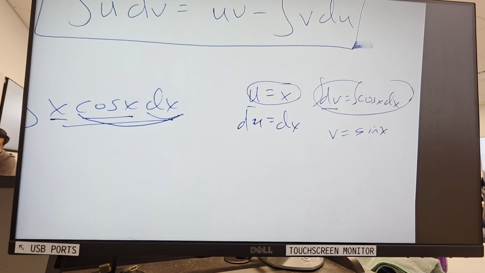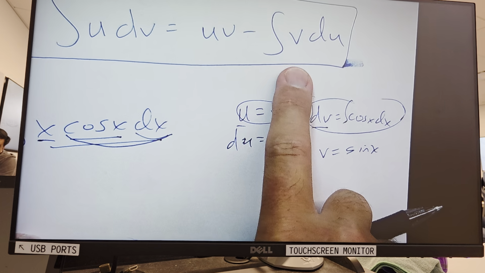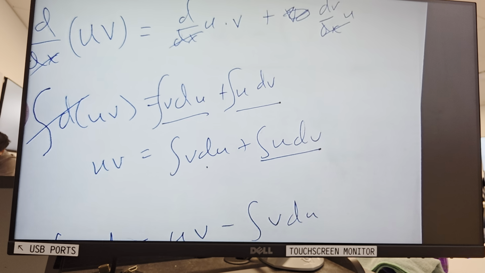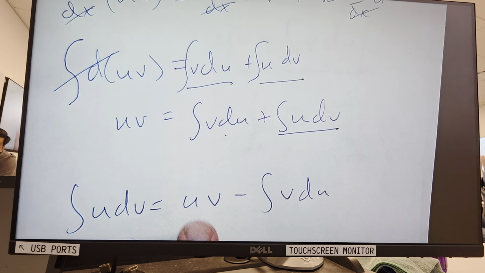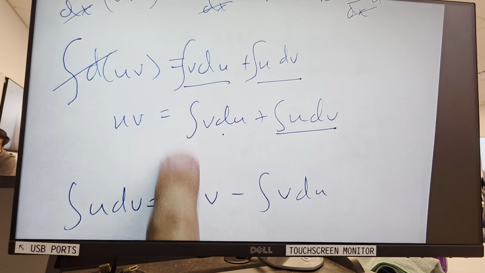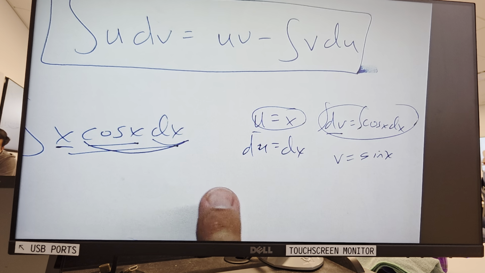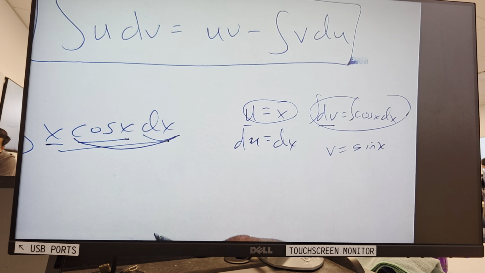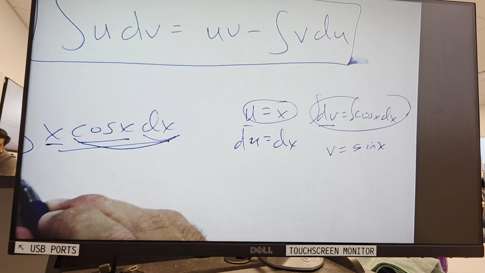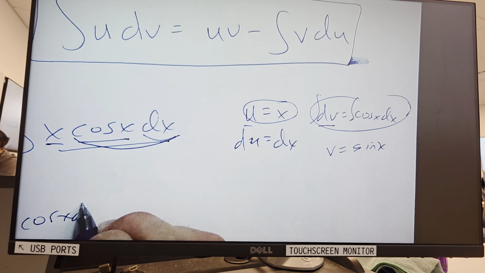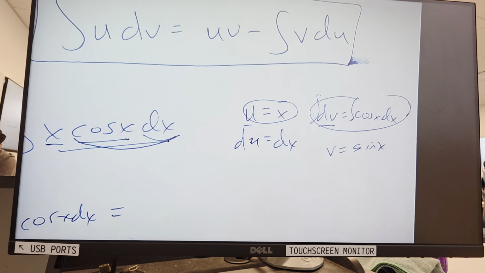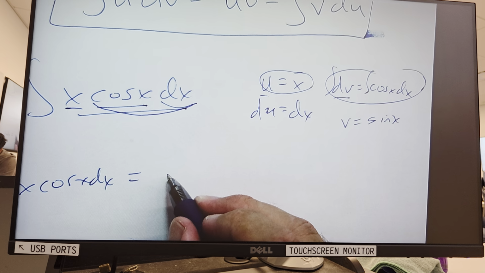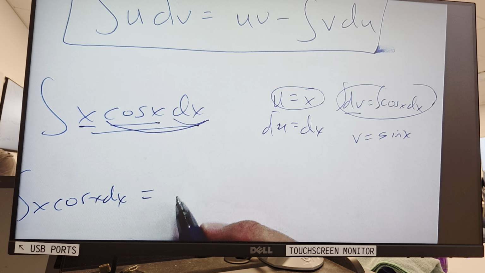So if I use the recipe, and again, where did this recipe come from? It came from Calc 1. All of this is Calc 1. But I've never put it together like that, and that becomes Calc 2. So if I look at this, this equals uv. All right, what's u? No, what's u? x, right?